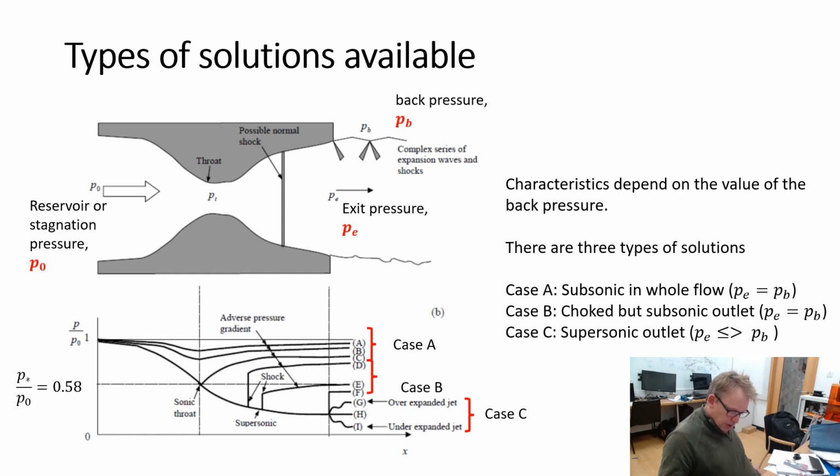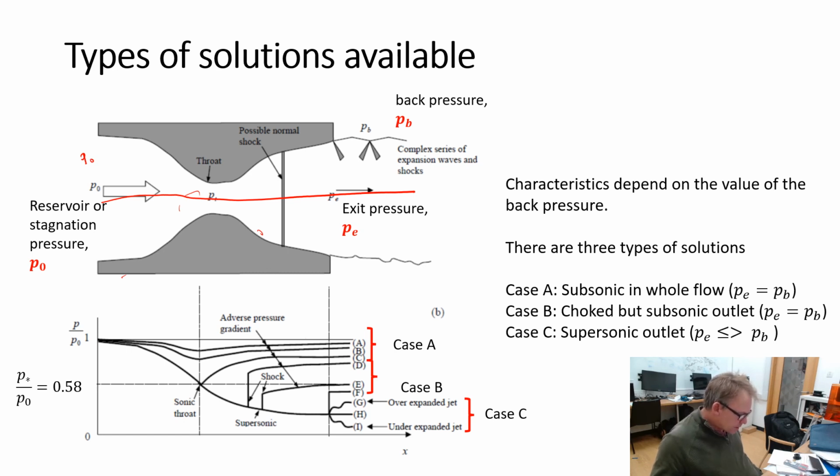We're just going to discuss the evolution of the pressure distribution along the channel as, in time, we decrease the back pressure. What we're keeping fixed here is the reservoir, a constant pressure, and we're going to decrease the back pressure.